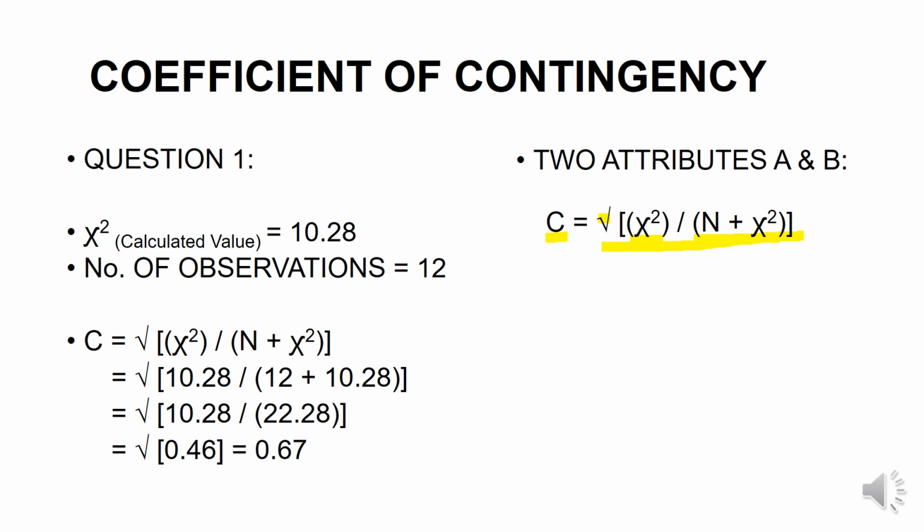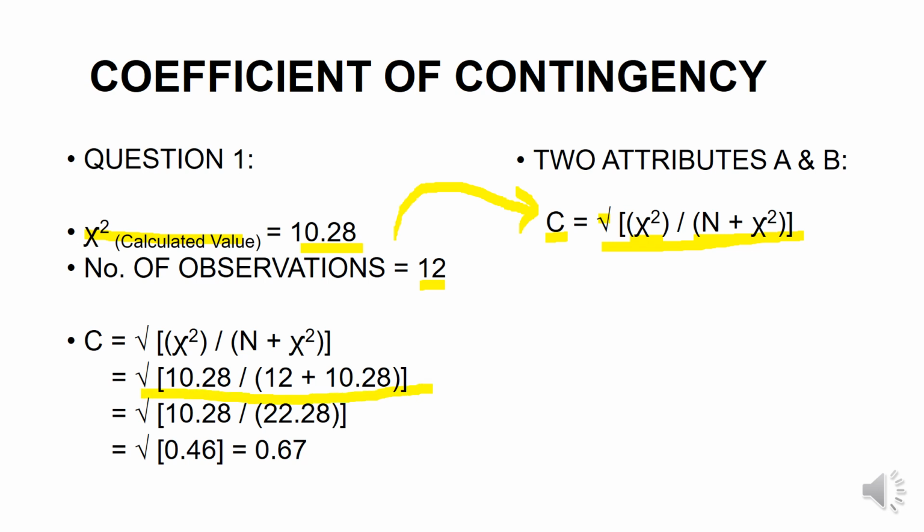So students, in question number 1 which we have recently solved, the value for chi-square is equivalent to 10.28 and the number of observations in numerical 1 is 12. So we'll apply the formula of coefficient of contingency and calculate its value. After substituting the values of question number 1 into the general formula, we get an expression of this kind.